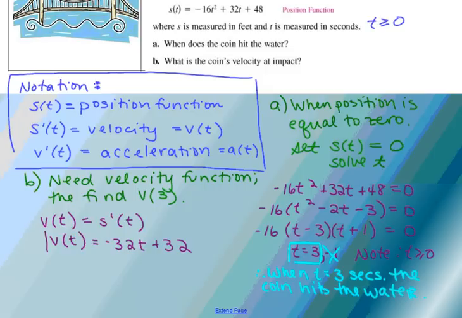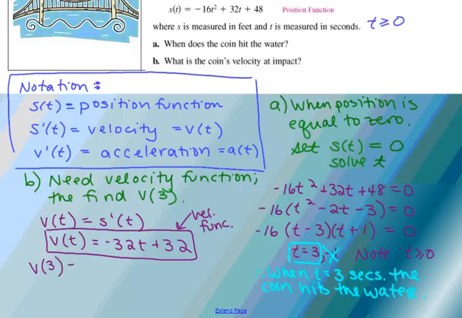So from this velocity function, we're going to be able to tell what's the velocity at any moment in time. So this is our velocity function. But the value that we care about is v at 3. So we plug in 3 into our velocity function. And here we get negative 64.